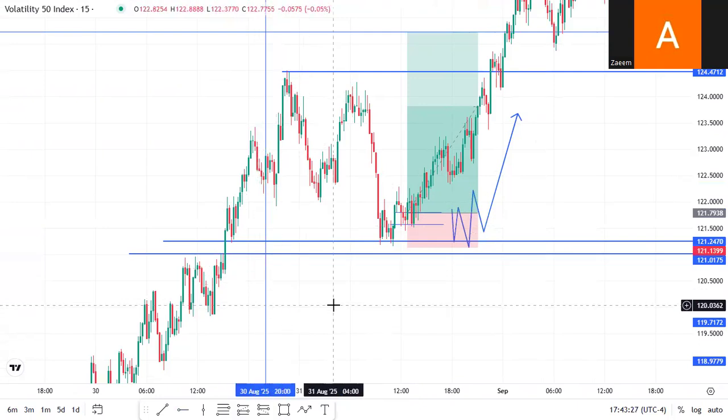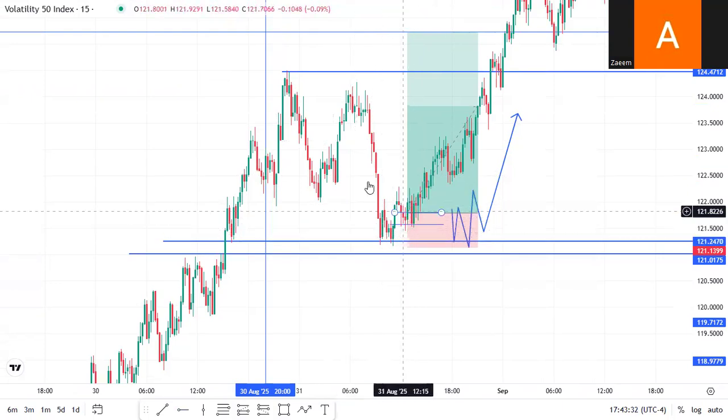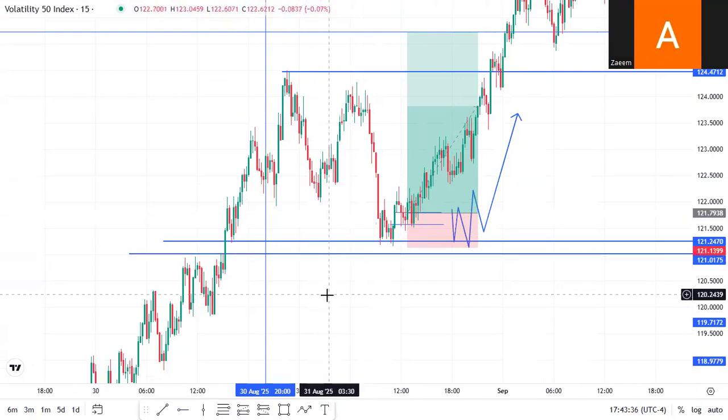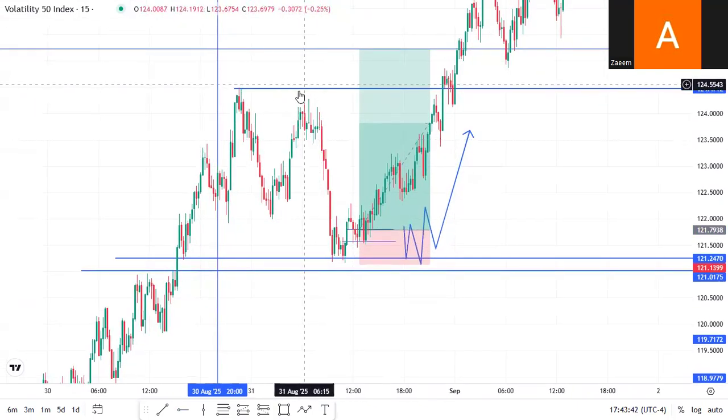It doesn't have. It has achieved its aim, so there's nothing left for it to continue. The only thing it can do now is take out this high.